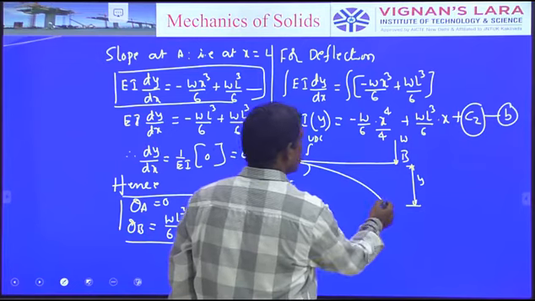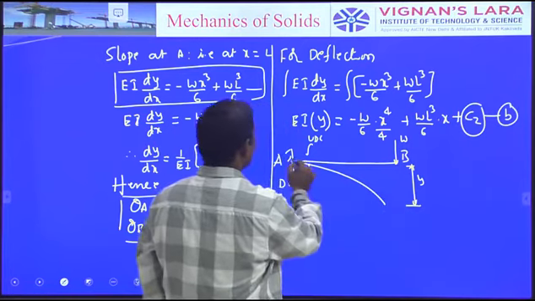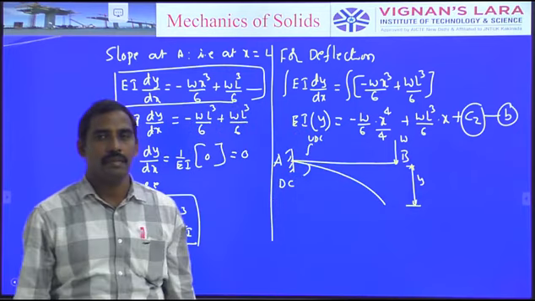If you observe the geometry, the deflection is maximum at the free end, and the deflection is 0 at the fixed end.